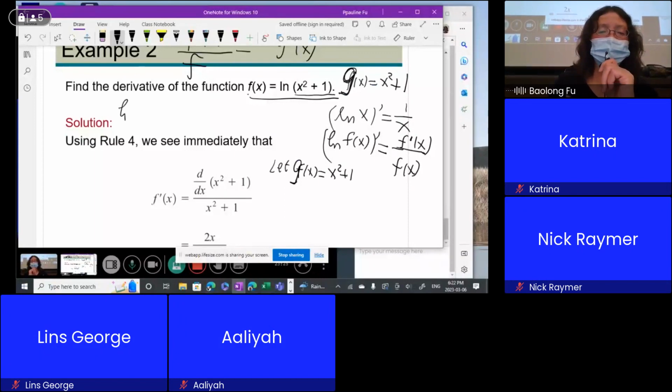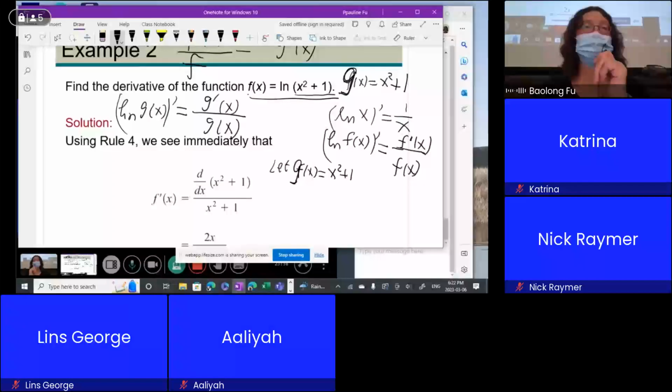We just proved ln g(x) derivative equal to g derivative over g. We just proved this, just use a different letter. Okay. So f(x) equal to ln g(x).